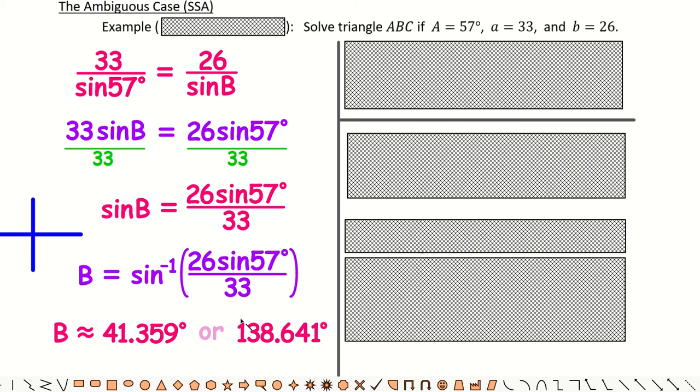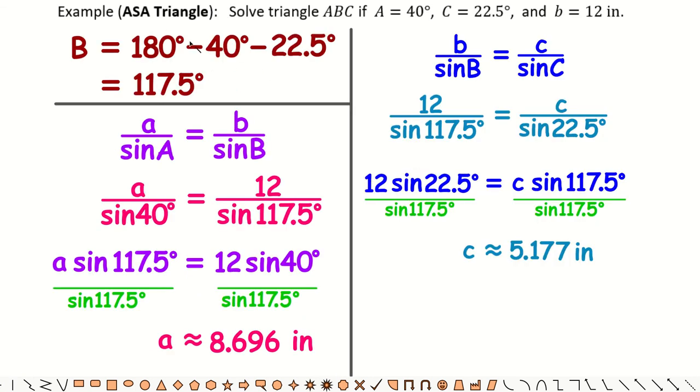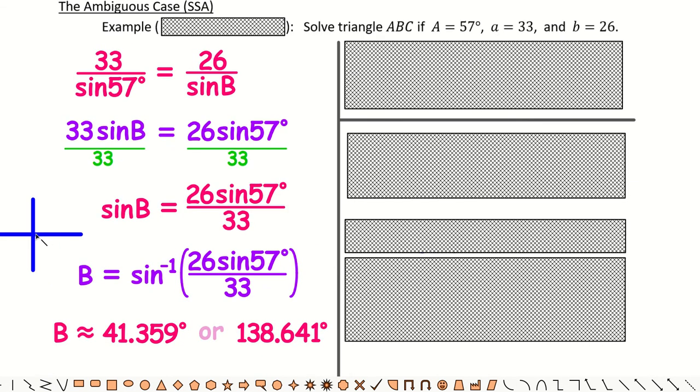All I really did was subtract 41.359 from 180 degrees. So you might want to write down 180 minus 41.359, because, and look, it's not because of this same reason. It's because of this reason.